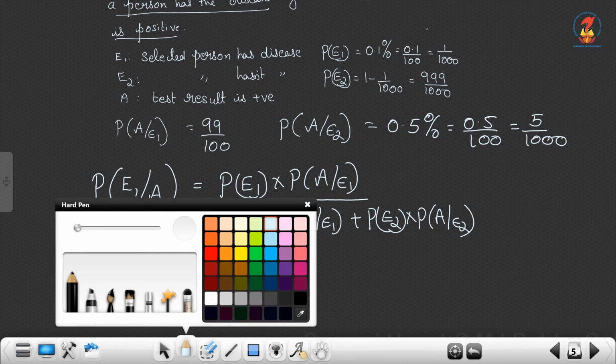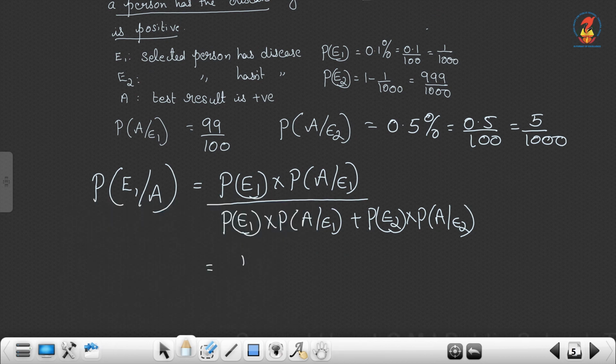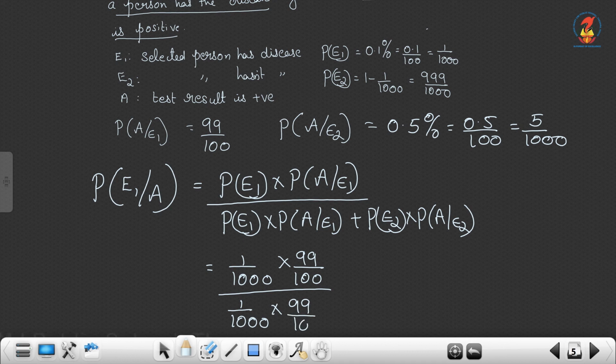P of E1 is 1 by 1000 into P of A given E1, that is 99 by 100, plus P of E2 is 999 by 1000 into P of A given E2, that is 5 by 1000.